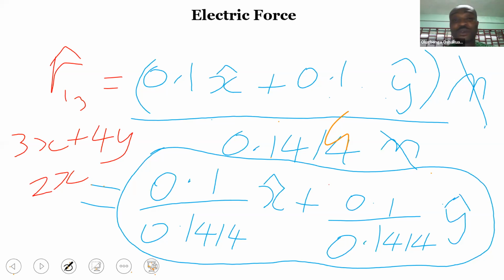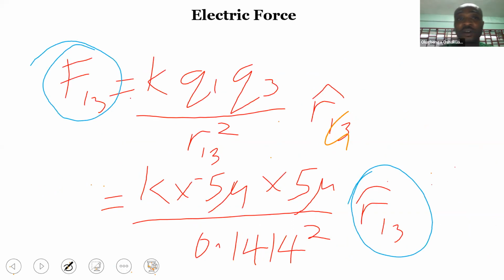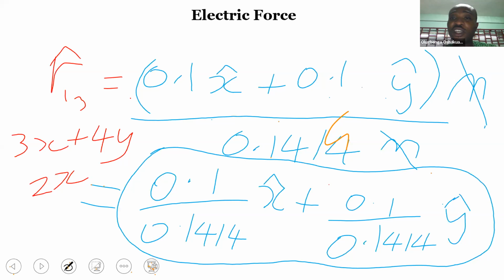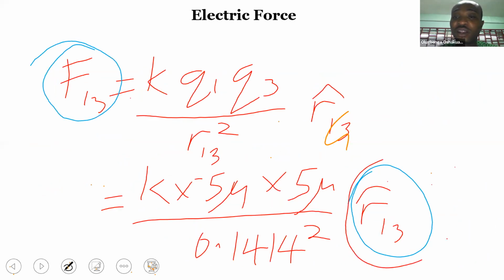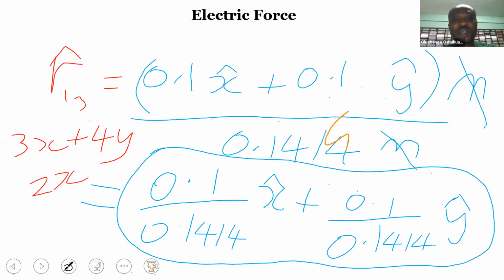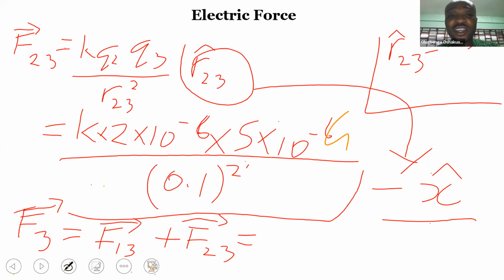So you first obtain your F13 by bringing R13 into it. Then the next thing is, when you expand, you add the values of x in F13 to the values of x in F23.